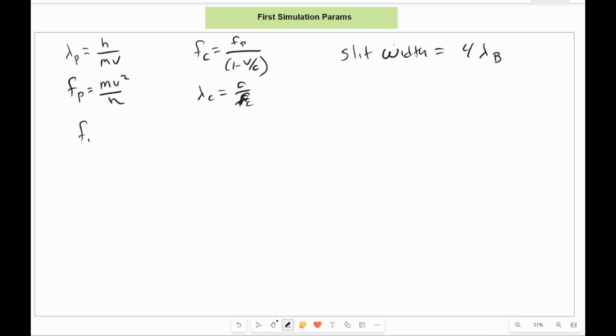So the function from the first slit is just going to be cosine D1. Okay, so basically we're doing the first slit. We're just going to say that the particle goes through the first one.